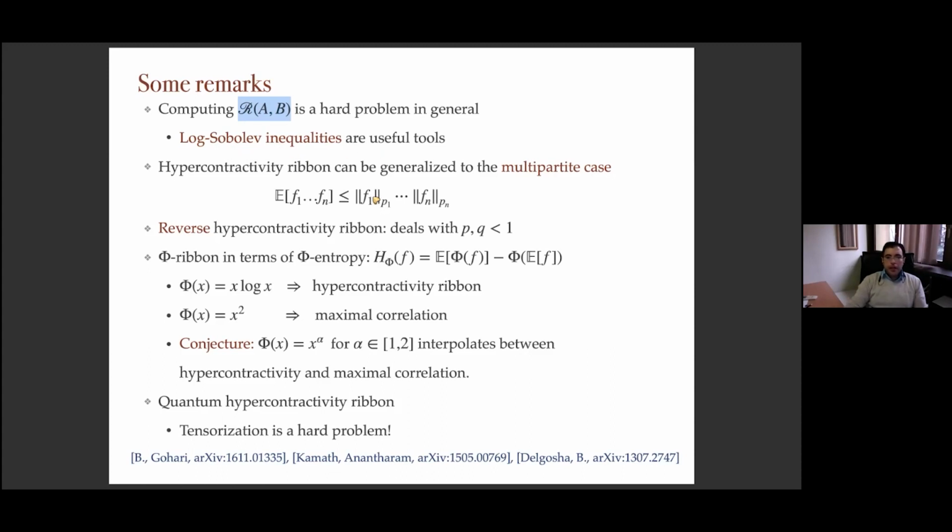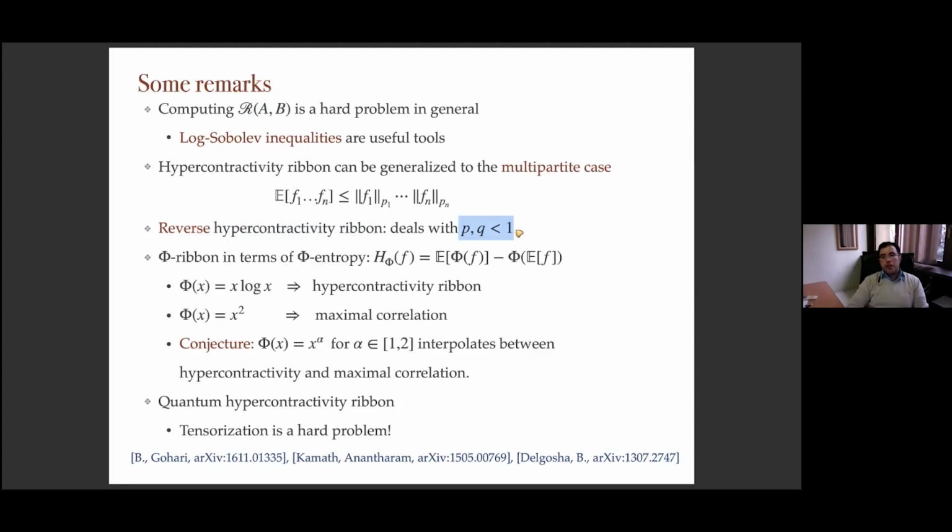The other thing that I actually mentioned before, we can generalize this definition of hypercontractivity ribbon to the multipartite case. The other thing is that we can also consider the reverse hypercontractivity inequalities, in which case we are dealing with numbers P and Q which are less than 1. Again, I don't want to tell you the details, but the same kind of arguments happen.